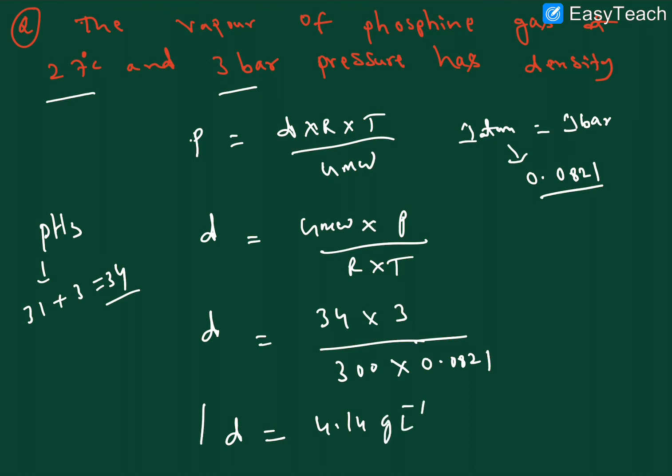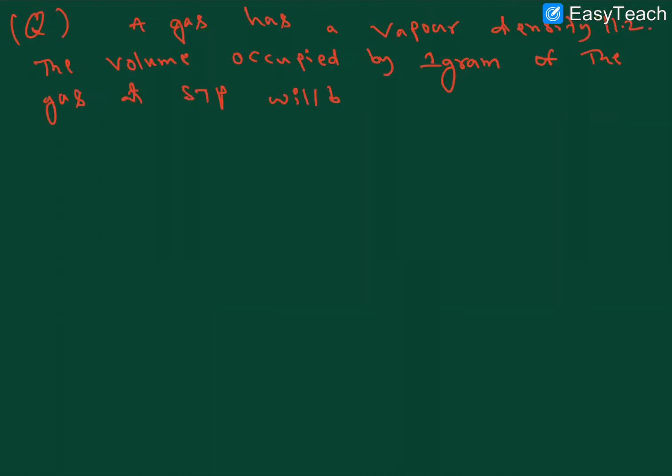So we can substitute there. Number of moles is equal to mass of given compound by 2 into vapor density. The mass is 1 gram, so divide by 2 into the vapor density they are giving.